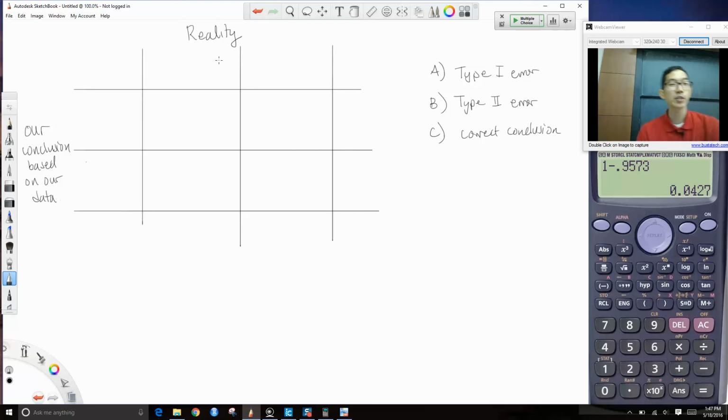The reality could be the null hypothesis is true or the null hypothesis is false. This is what happens in reality. And as far as our conclusions go, we can choose to reject the null, or we can choose not to reject the null.